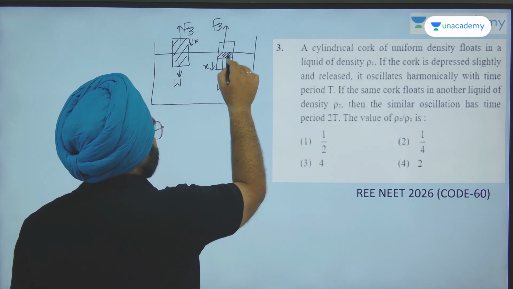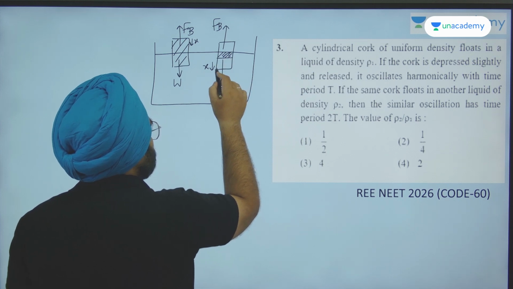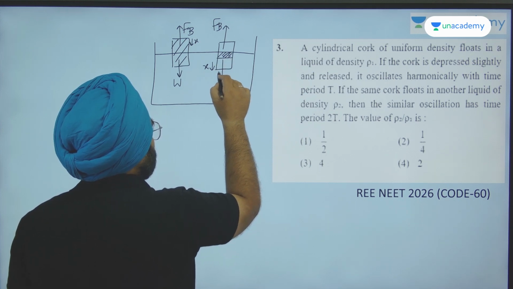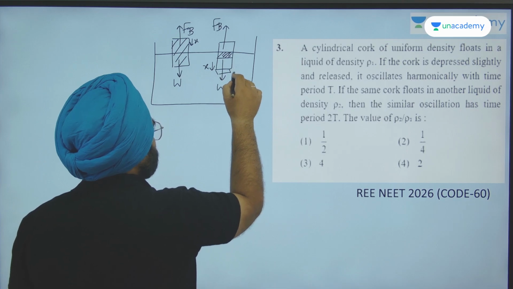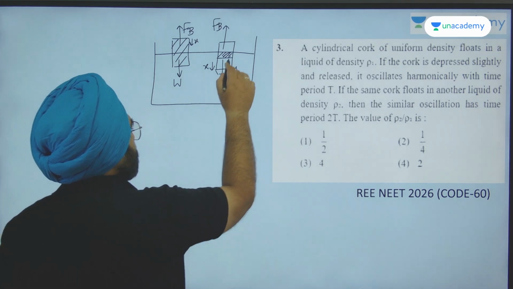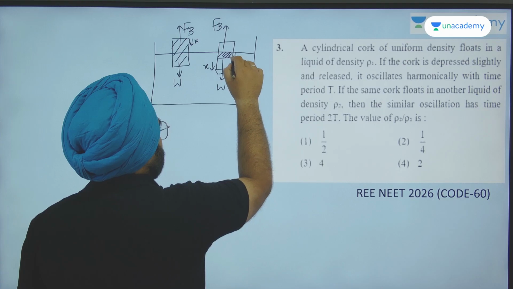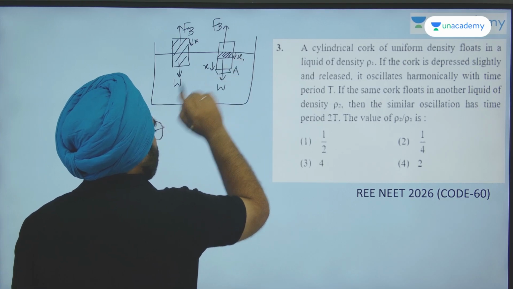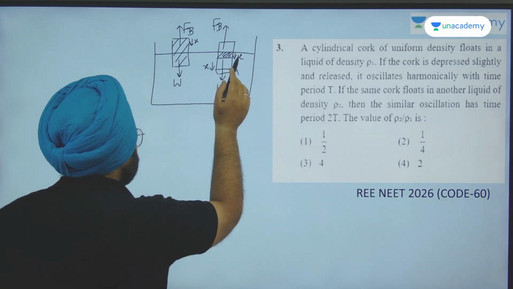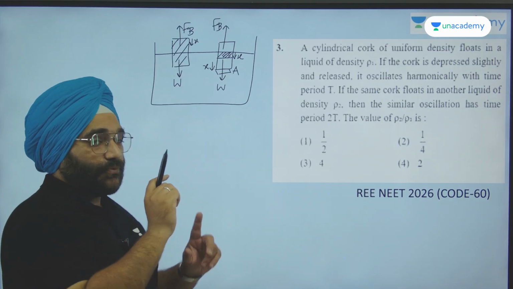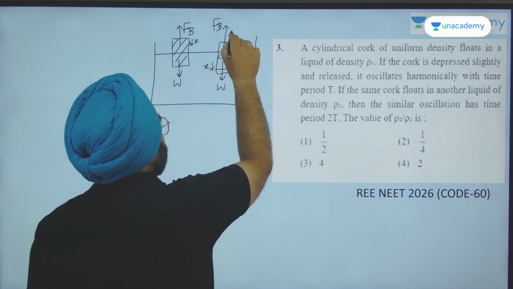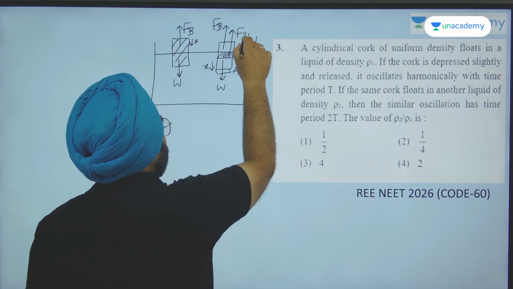Let's consider the cross section area of this cork is A. This extra volume which got occupied is A into x. This extra force which will act in the upward direction, I will write it F dash B.